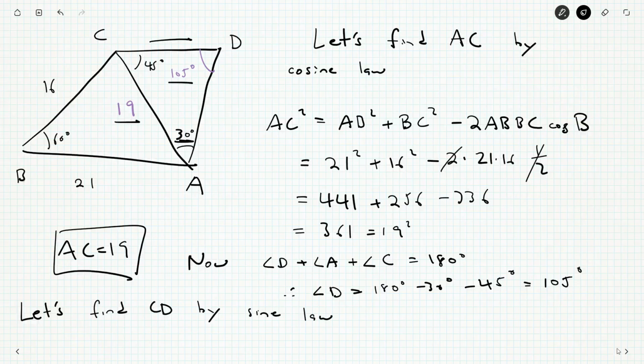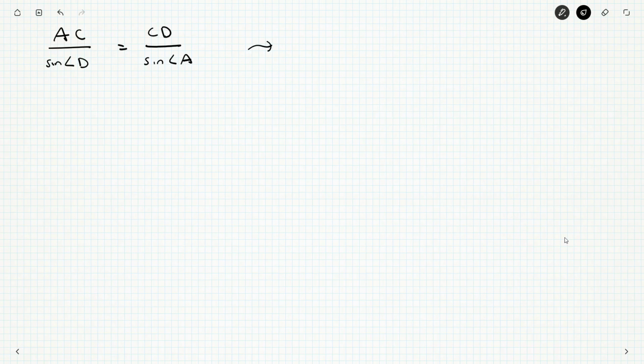So AC over sine angle D is the same as CD over sine of angle at A. Just going to quickly rearrange that. Sine of 30 degrees, I'll bring the sine of A onto the one side, times 19 divided by sine of 105 degrees should be CD.